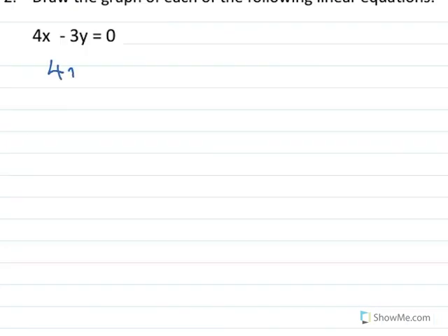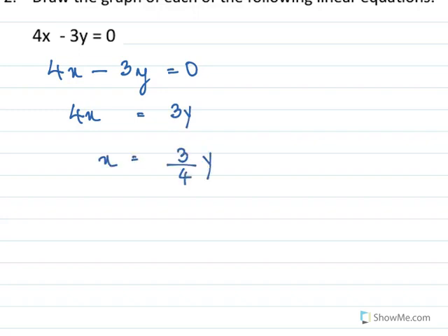For the next sum, we have 4x minus 3y equal to 0. So 4x equal to 3y, x equal to 3 over 4 into y. To find the solution, for the first solution, I'm going to take y equal to 0. So I know x is 3 over 4 into y.